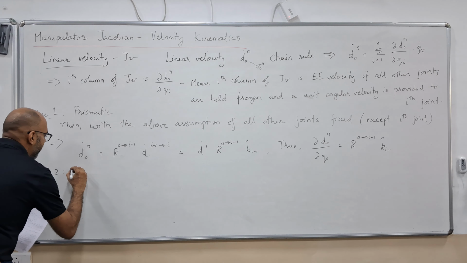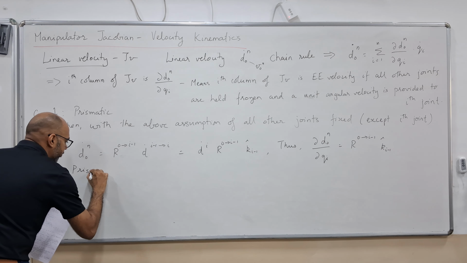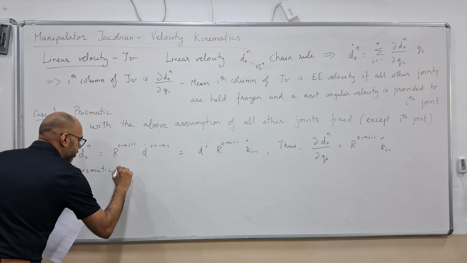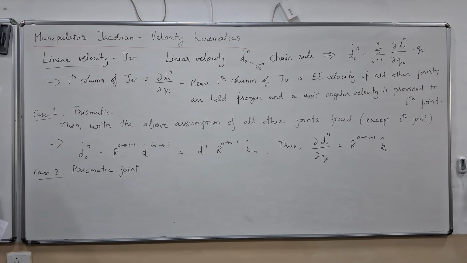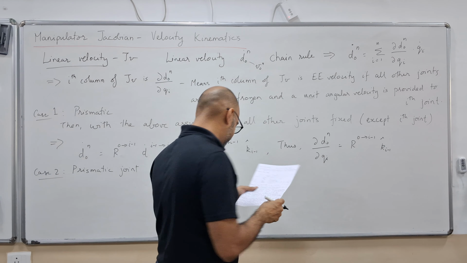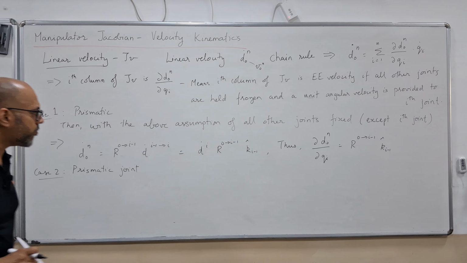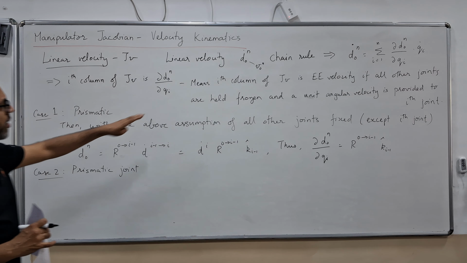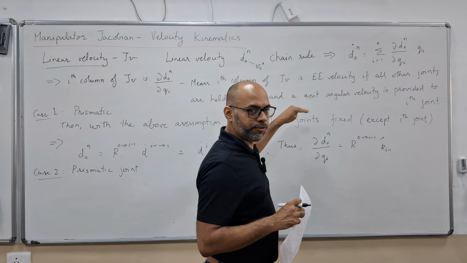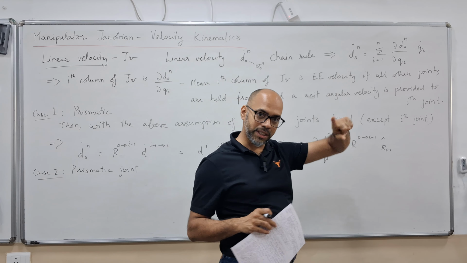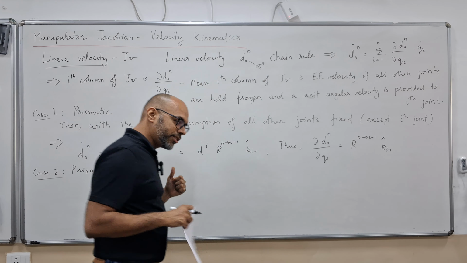Case 2 is when you have a revolute joint. So here there are a couple of steps, so just bear with me. But the idea is still the same. We will keep all other joints held frozen and provide a unit angular velocity to just the ith joint.